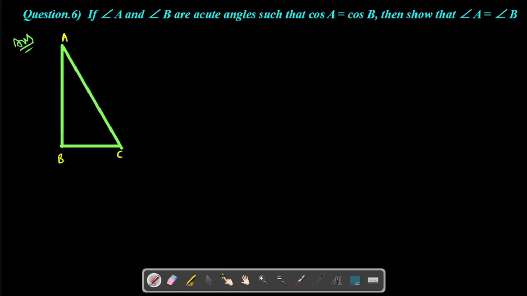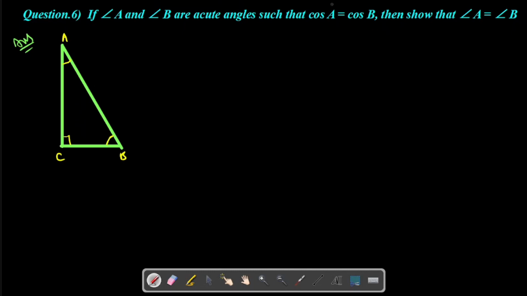If you understand the question correctly, then you can solve it easily. Here we have a right angle triangle, which we name ABC. Angle A is acute, less than 90 degrees, and angle B is also acute, less than 90 degrees.